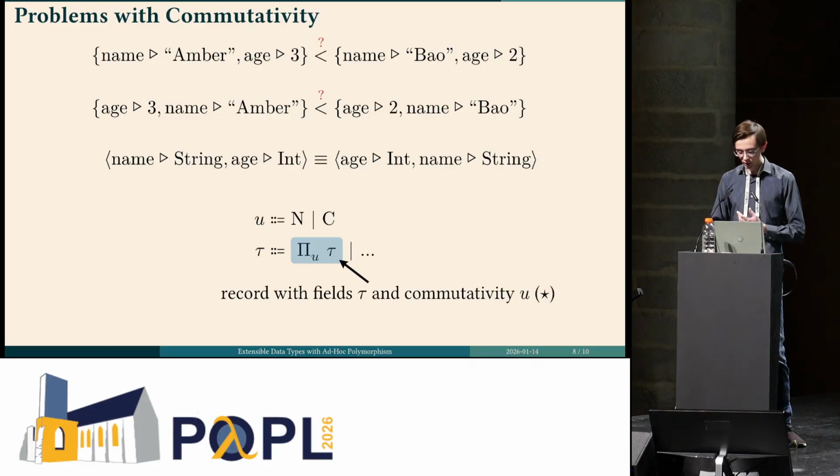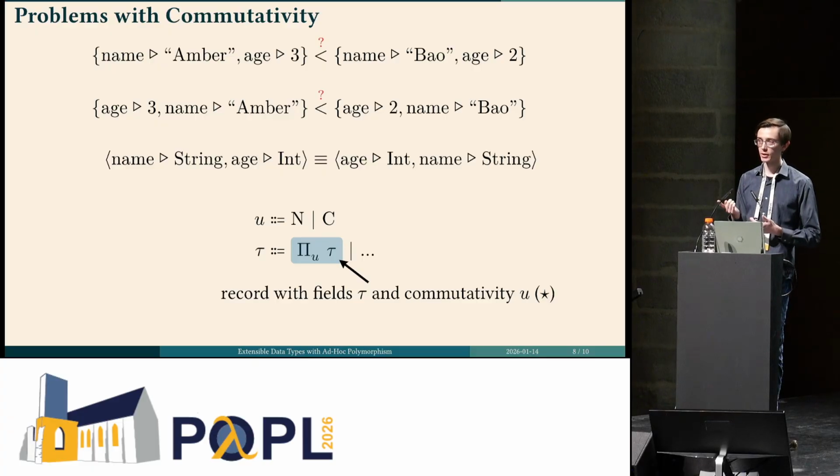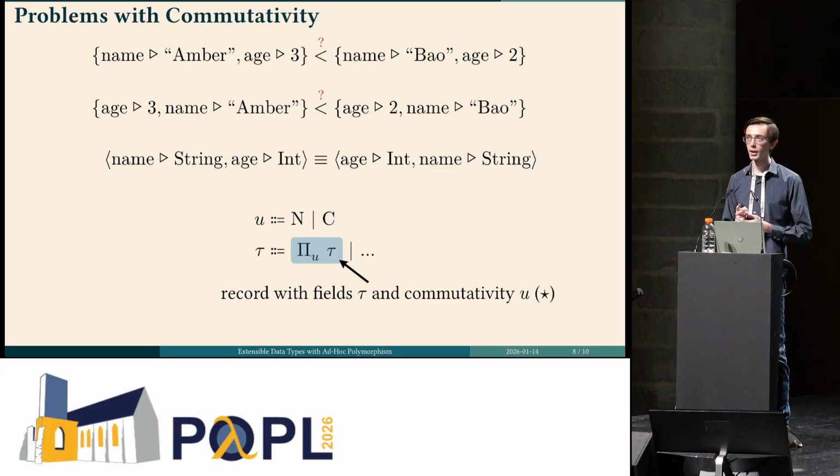Okay, so the easiest solution here would just be to say we're going to get rid of commutativity altogether. But that's really not ideal because one, for example, like I mentioned earlier, it's really convenient for users. And second, there's a lot of type classes where the order actually doesn't matter. And so we'd be imposing this restriction for no reason.